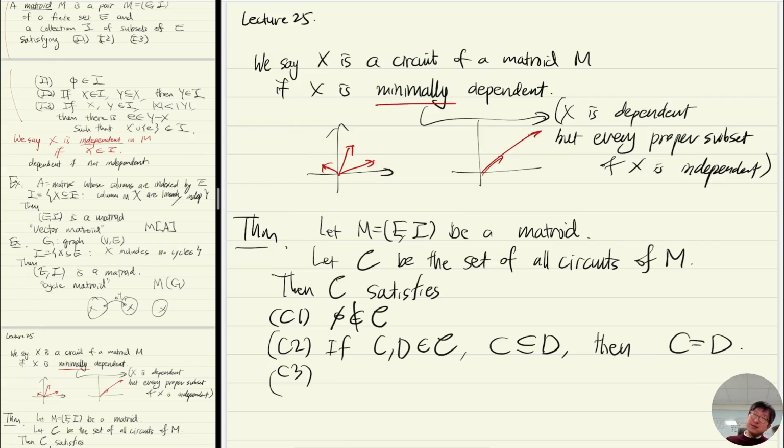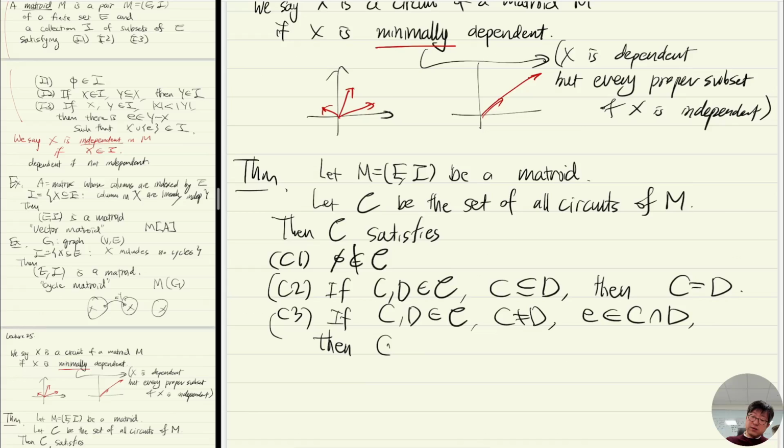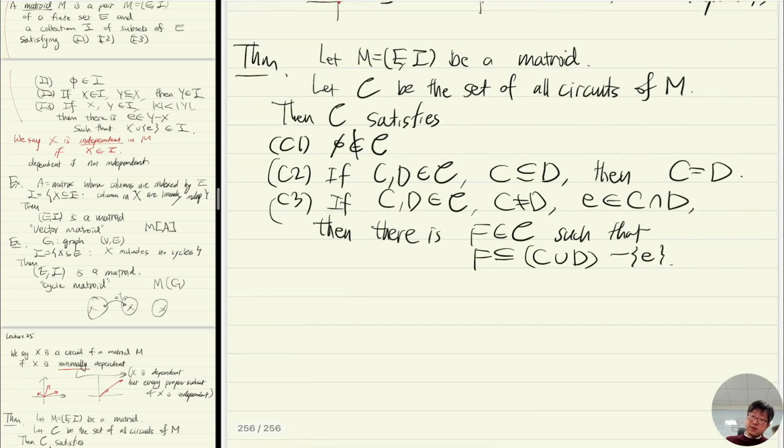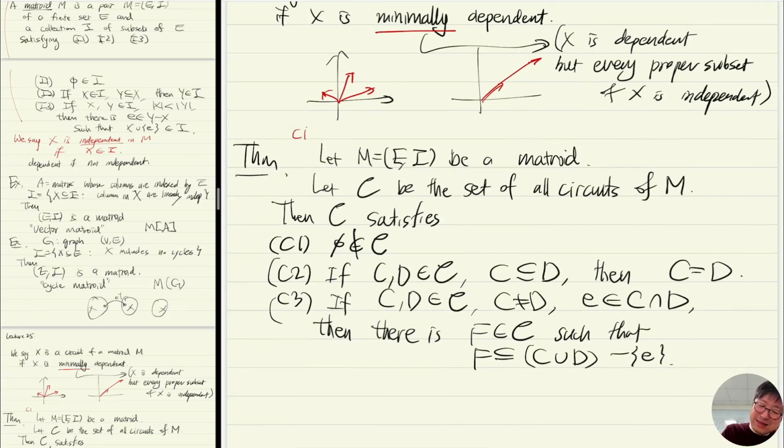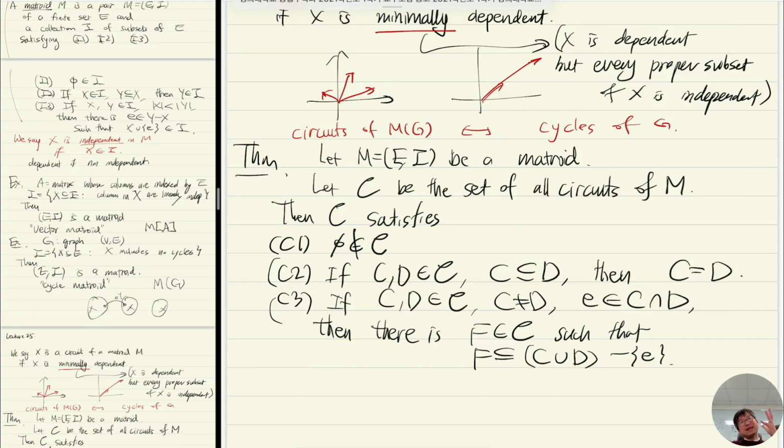The most interesting part is the last one. If C and D are circuits, and they are distinct, and you have some element E in the intersection, then there is another circuit contained in C union D minus E. In the graph, I forgot to mention, the circuits of the cycle matroid correspond to the cycles of G. When you have a cycle and you delete any edge, you no longer have a cycle, so it's an independent set, and the cycle itself is dependent.